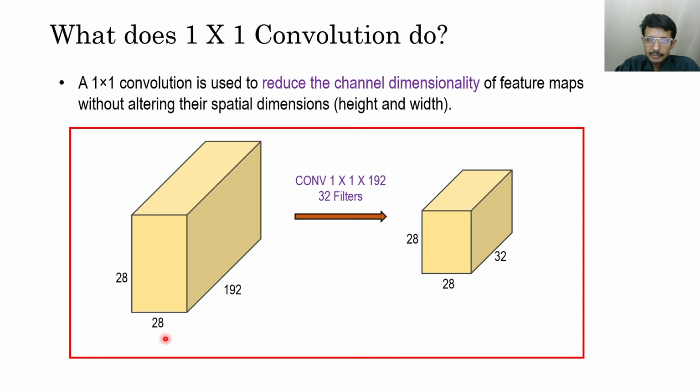So the height and width remain the same, while the channels were 192. Now if we use 1 by 1 with 32 filters, it becomes 28 cross 28 cross 32. It is substantially reduced from the 192 channel dimension. And that is the basic idea of bottleneck layers.